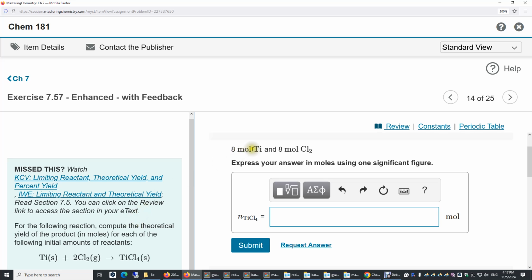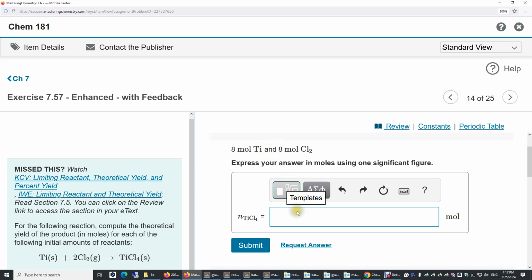So from 8 moles of titanium, we'll get 8 moles of titanium chloride because the ratio is 1:1. From 8 moles of chlorine gas, we get only 4 moles of titanium chloride because the ratio is 2:1. So 8 moles of Cl2 can produce only 4 moles of titanium tetrachloride.